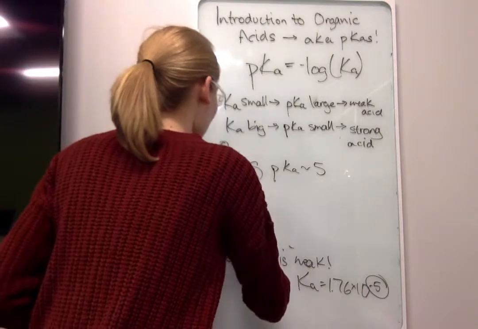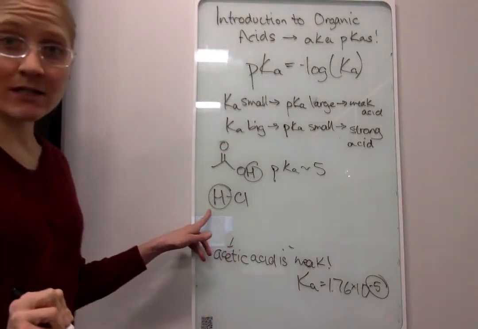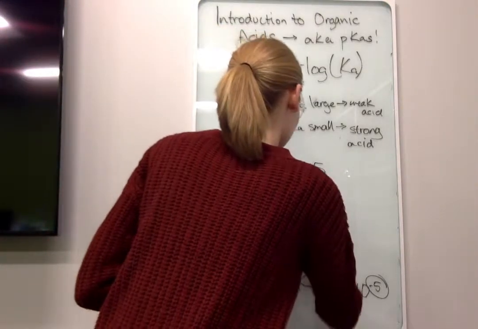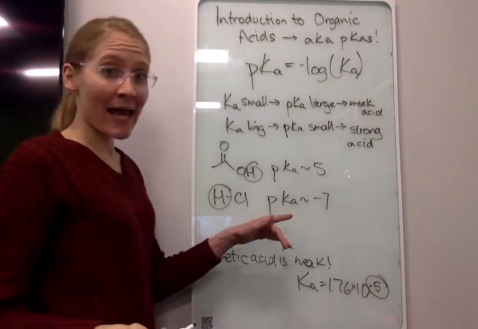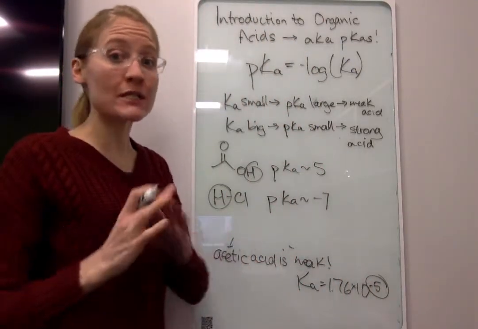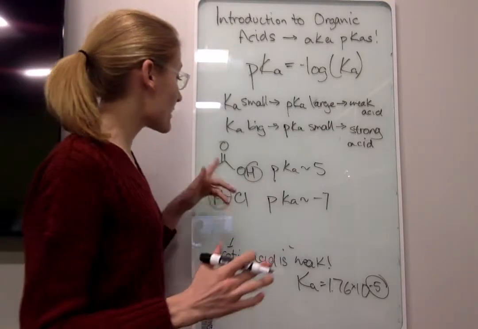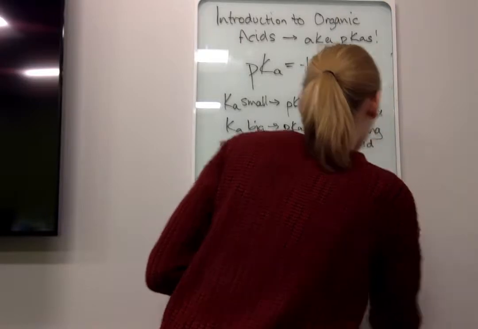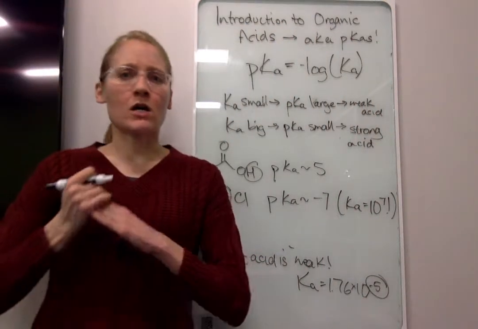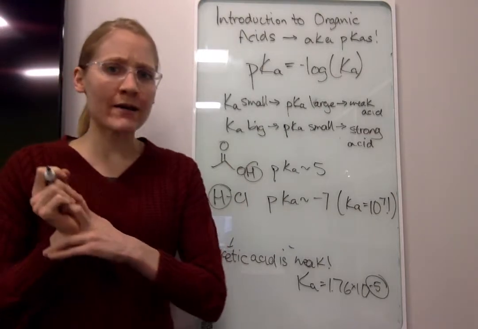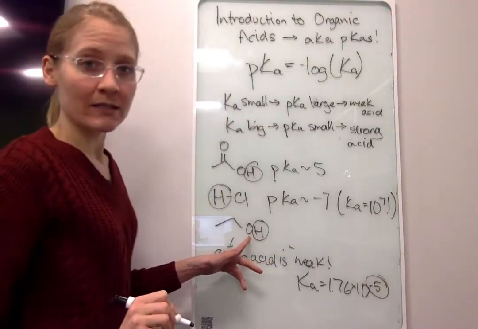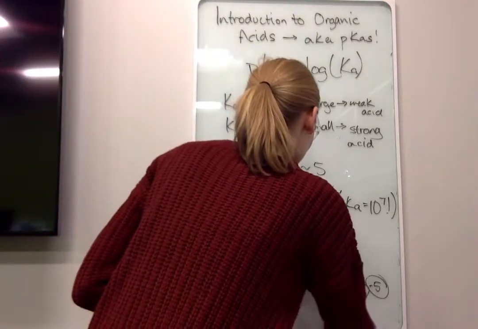If we look at HCl, that H has a pKa of negative 7. And so that means its Ka is 10 to the 7. So it's huge. It's 12 orders of magnitude more acidic than acetic acid. Kind of conversely, if we look at just a regular kind of ordinary alcohol, so we'll look at ethanol, that proton has a pKa of about 16.